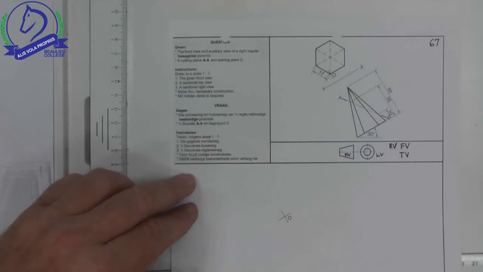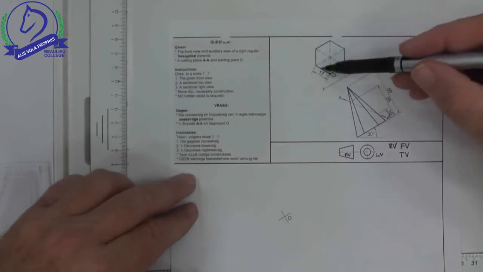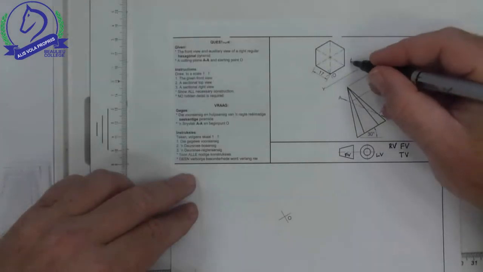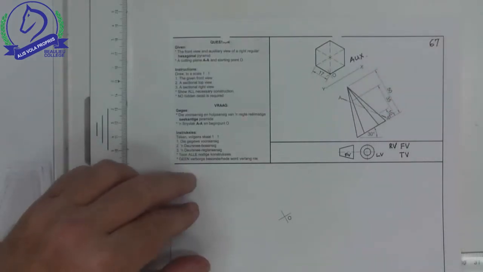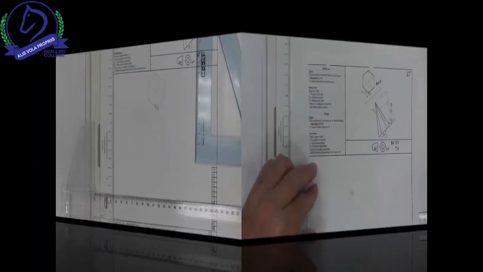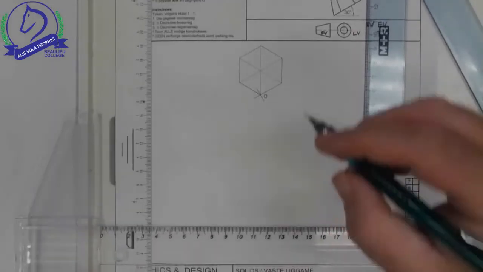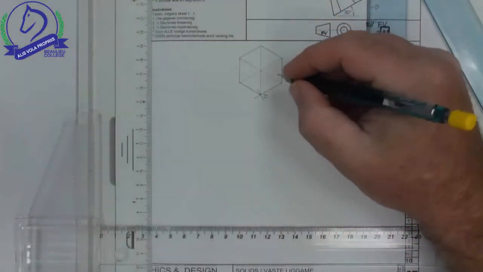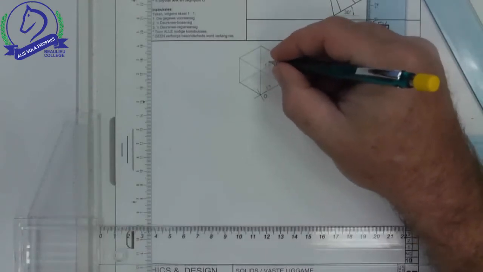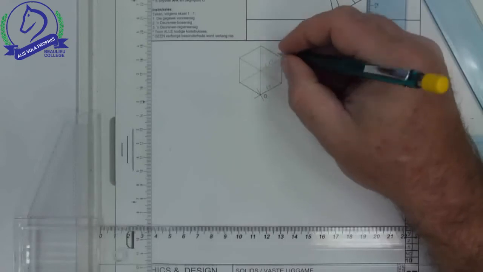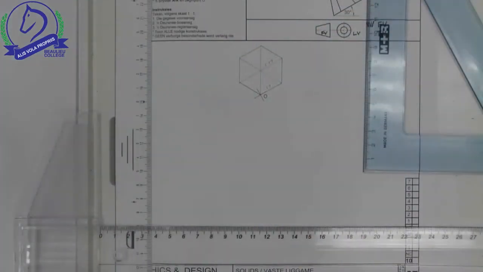So I'm going to get started now, and that will be with the construction of the hexagon as part of the auxiliary view. There is the construction of my hexagon, and the length of the side was 17, which means we could draw a circle with a radius of 17 on a 30-degree line.